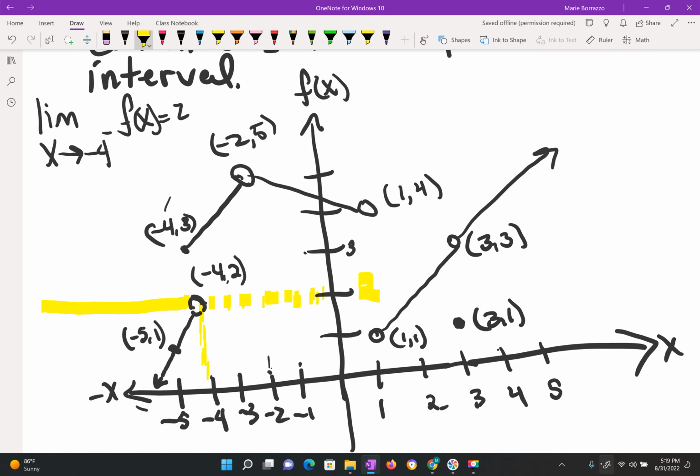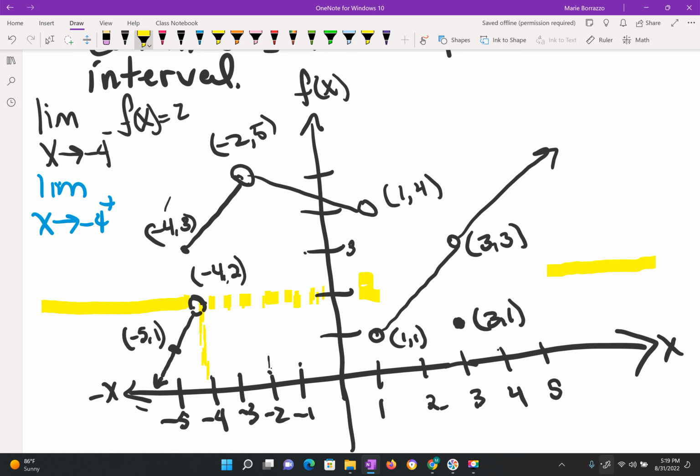All right, cool. If I look at the limit on the second note, the limit as x approaches -4 from the right, what's happening there? I'm approaching from the right, so I'm coming this way. What am I going to hit?